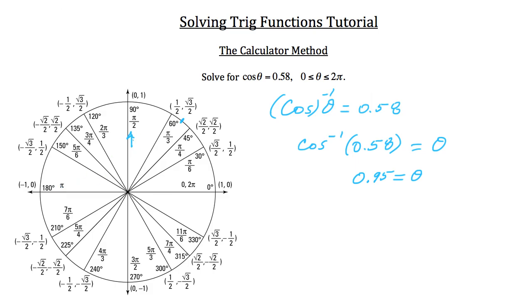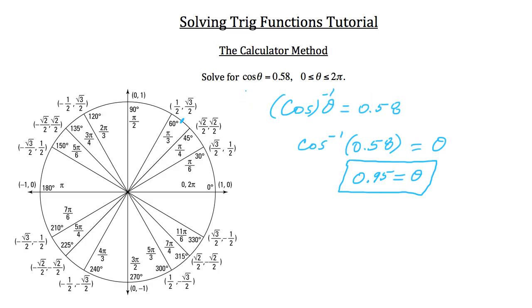So pi over 2 is here at 90 degrees, so that's half of 3.14. And 60 degrees is pi over 3, so 3.14 over 3. And 3.14 divided by 3 is just slightly more than 1. And our answer is slightly less than 1, so we're going to be a little bit less than pi over 3 radians. Alright, so according to your calculator, that's the answer for theta.